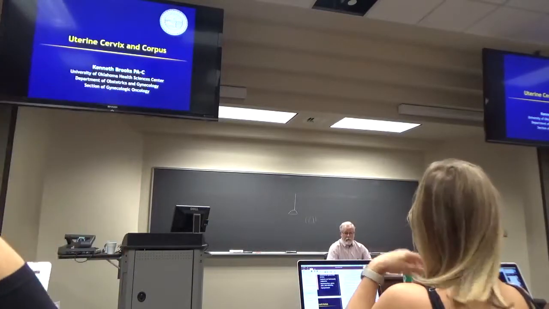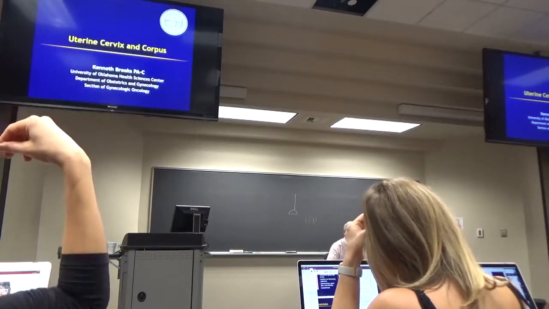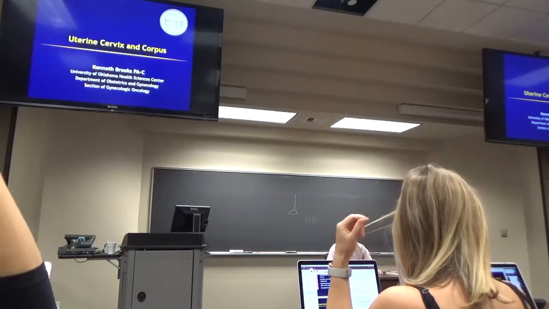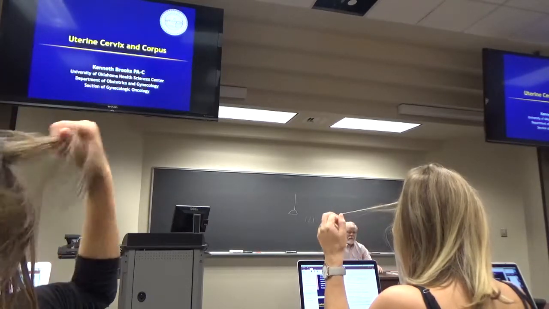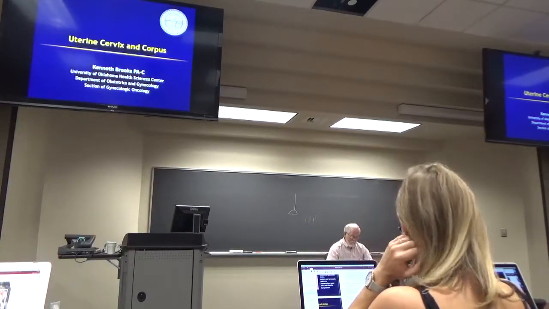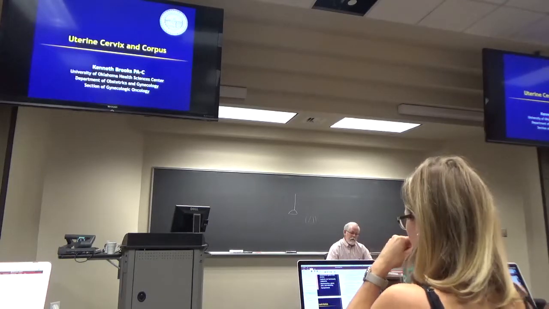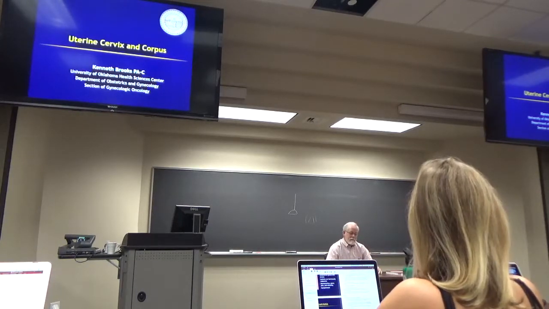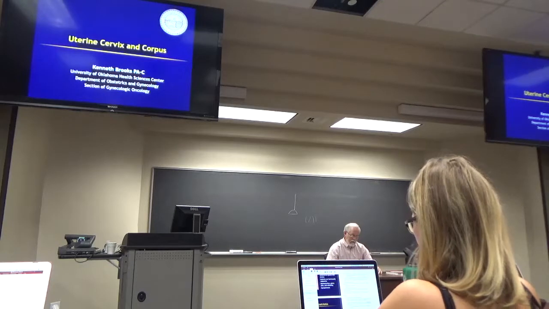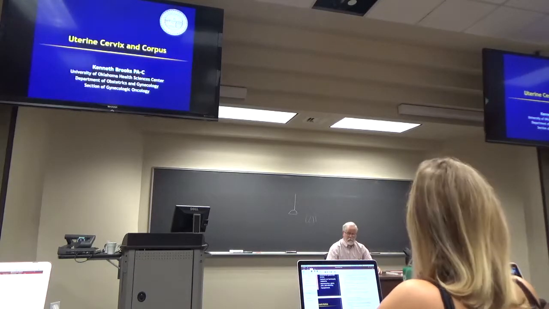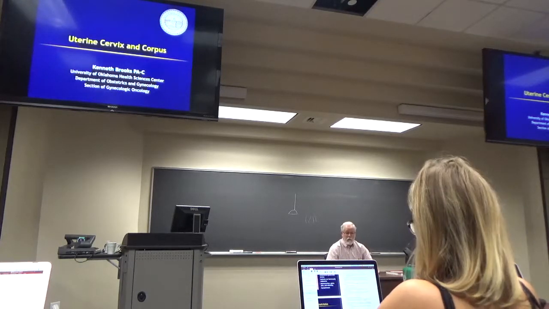Now, if we don't get answers, then we may have to go for a D&C. Most of the time we get the answer we desire. Treatment for endometrial cancer is typically a hysterectomy of some sort.